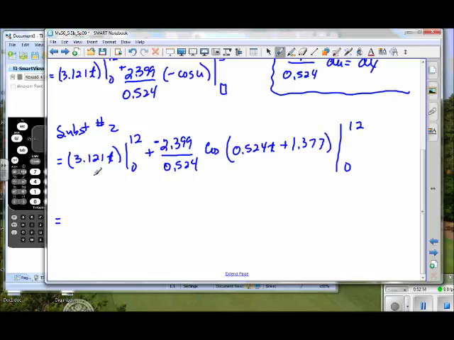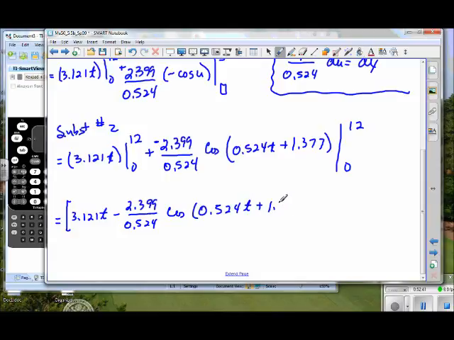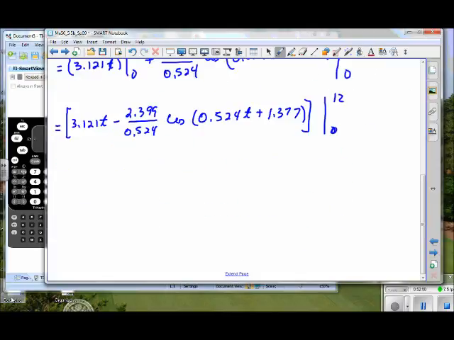Well, what we end up with here is everything's back in t. Instead of having 2 of these integrating both from 0 to 12, I'm going to opt to make it 3.121t minus this quantity, 2.399 divided by 0.524, cosine of 0.524t plus 1.377, all of that then integrating from 0 to 12.